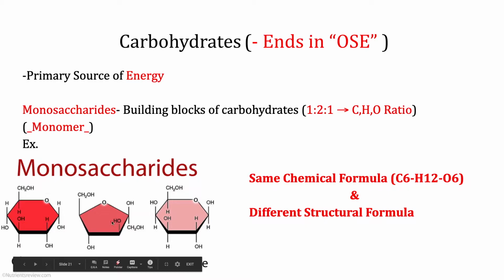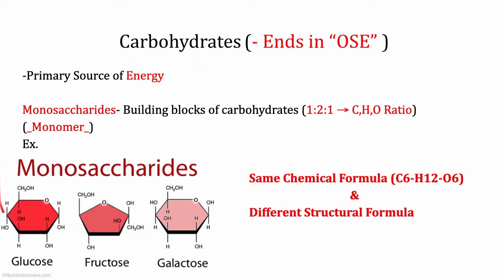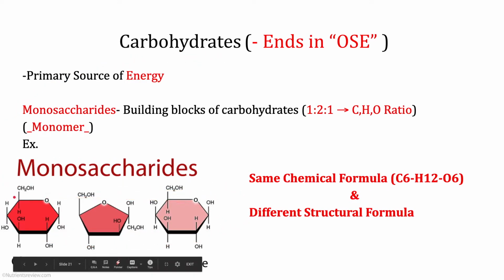And you can build bigger structures from those very small building blocks. For carbohydrates, these are our small building blocks, and there's only 3 of them. So for carbohydrates, you can only build using 3 different types of Legos.